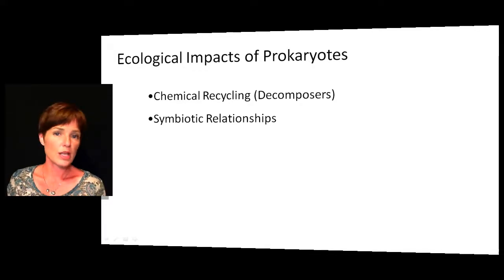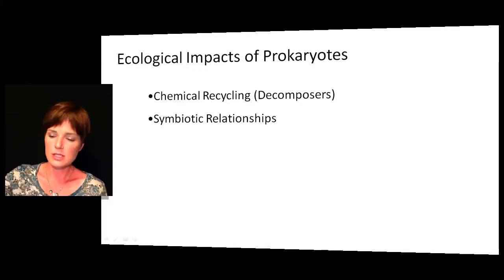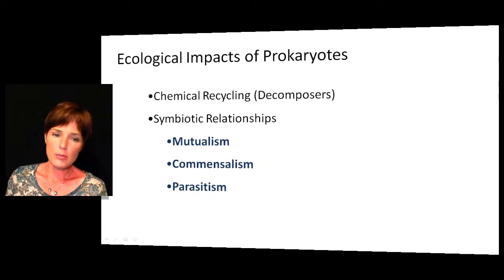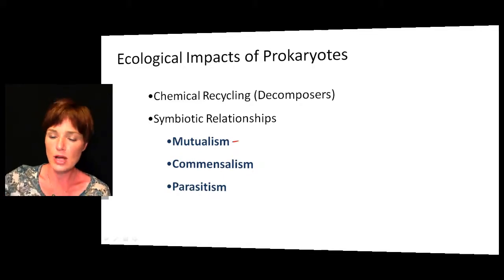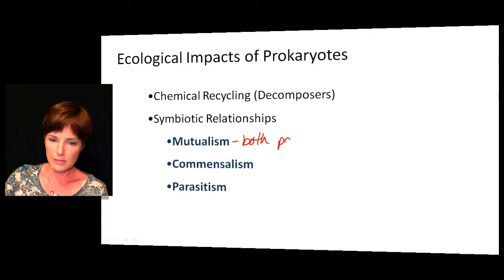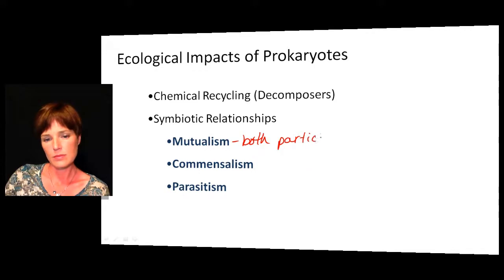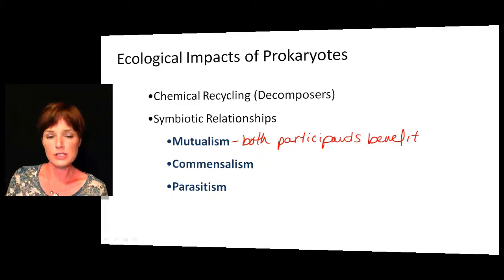We also have them forming a lot of symbiotic relationships. There's a number of these. We can have what's called mutualism. With mutualism, both participants benefit. So this would be good for both parties that are involved.